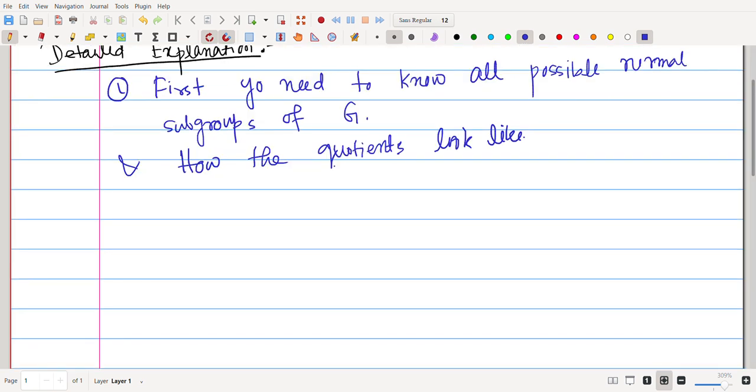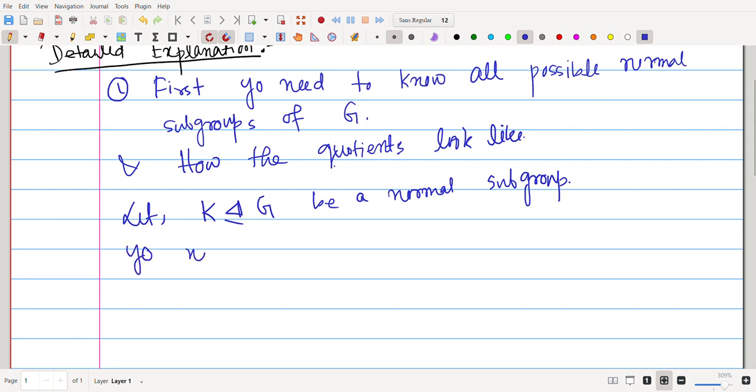So what I'm saying is, let K be a normal subgroup, and you need to understand G mod K, whether this is isomorphic to a known group or not.